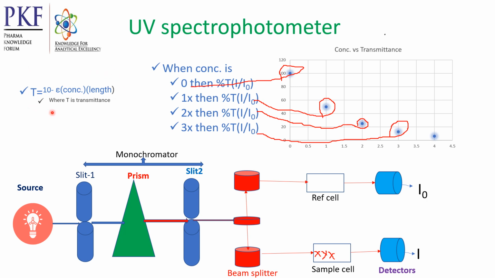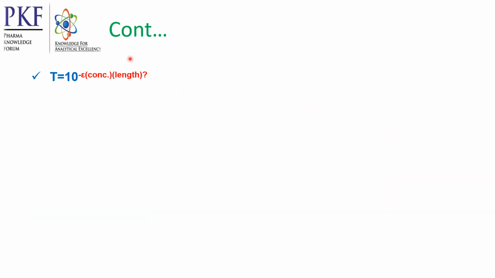Now the question is, what is the practical applicability of this exponential transmittance equation? I am going to discuss in the next slide. Since it is an exponential equation, it has little practical applicability.